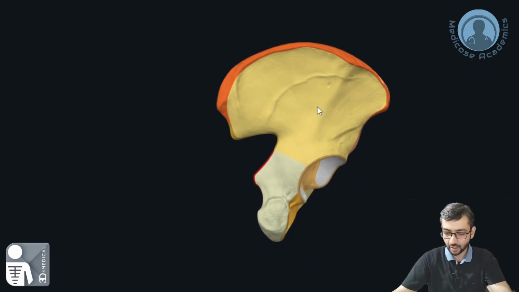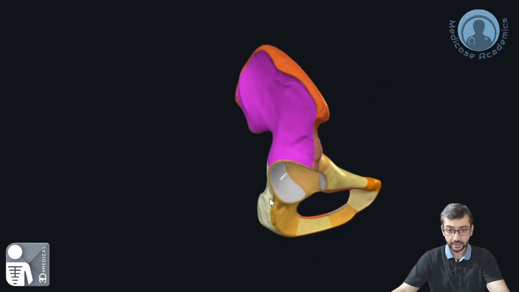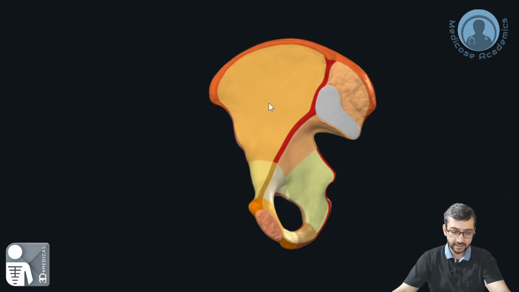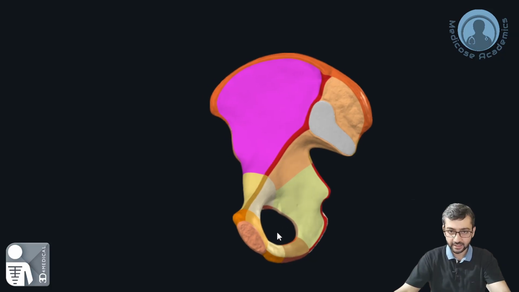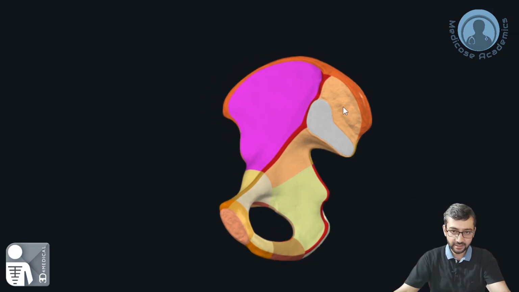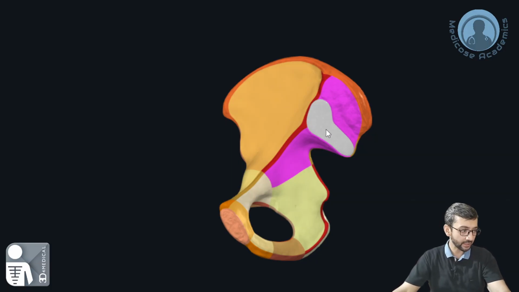The surface that is on the outside is called the gluteal surface. The surface that is on the inside is concave and smooth. This one is the iliac surface or iliac fossa, and this part, which is further divided into three parts, is the third surface, called the sacropelvic surface.